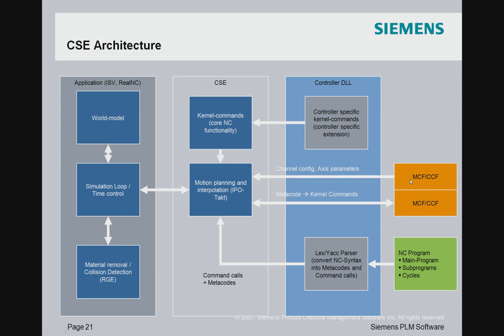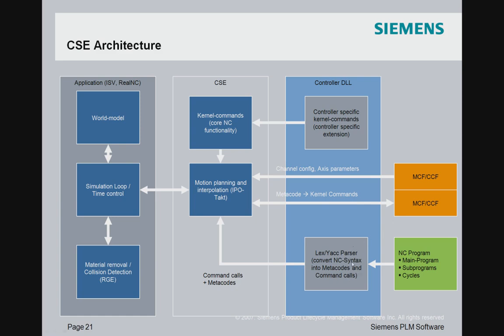Of course, CSE will also use the channel configuration and the access parameters that you've defined in the MCF file. And then for our example, G0 X100, also the X will produce a metacode with a value 100. Also this must be configured in the MCF file to tell CSE, okay, X100 means move the X-axis to a value of 100.